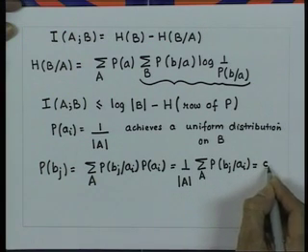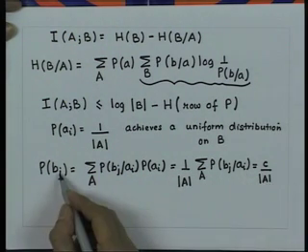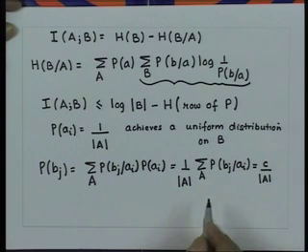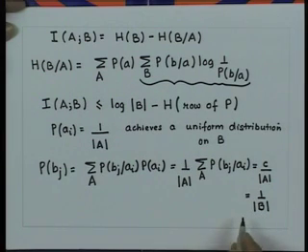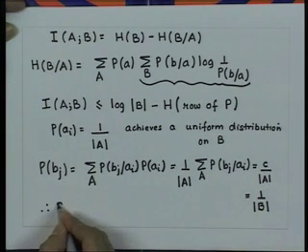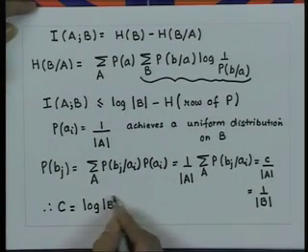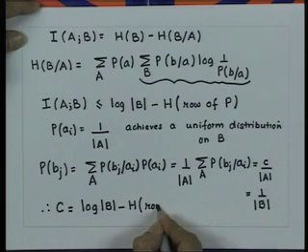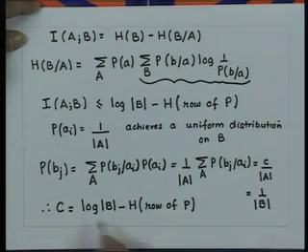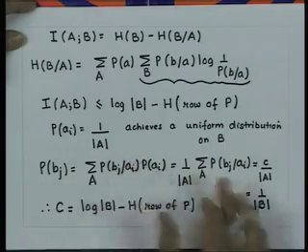So, this can be written as a constant C by mod A, and since this is true for all j equal to 1 to S, where S denotes the size of the output alphabet B, this can be written as 1 by the size of output alphabet B. So, therefore, capacity for a weakly symmetric channel is equal to log of mod B, where mod B denotes the size of the output alphabet, minus H of the row of channel matrix P, and this capacity is achieved for the input distribution which is uniform.